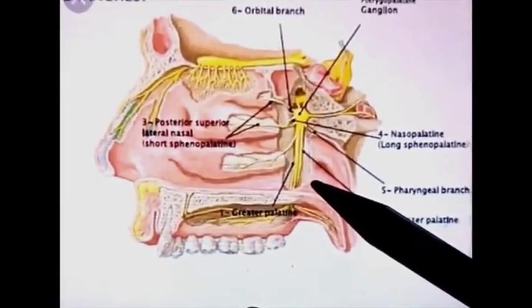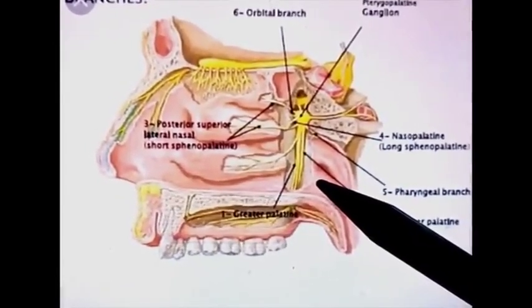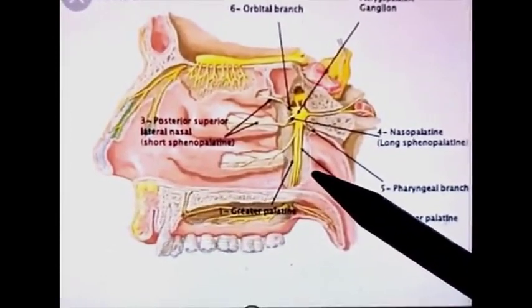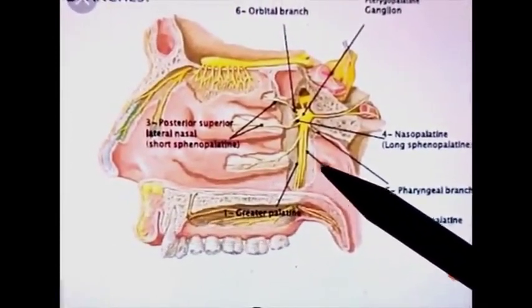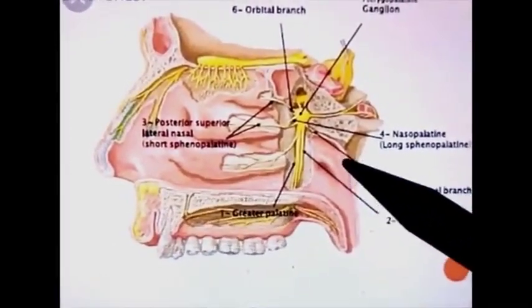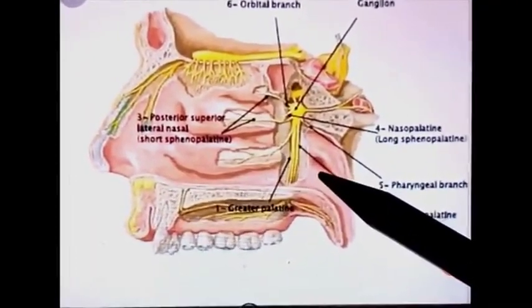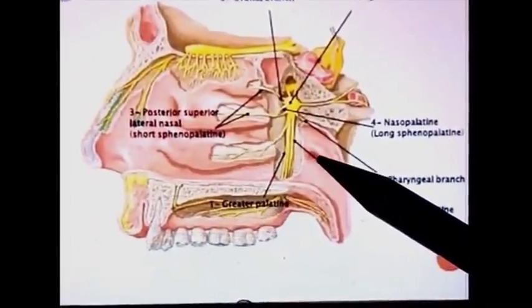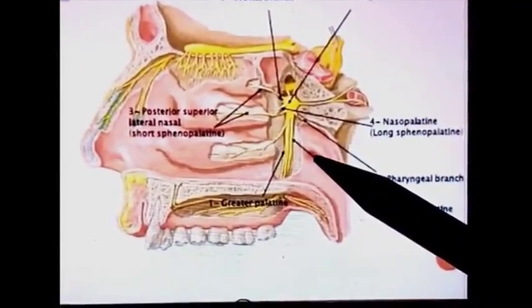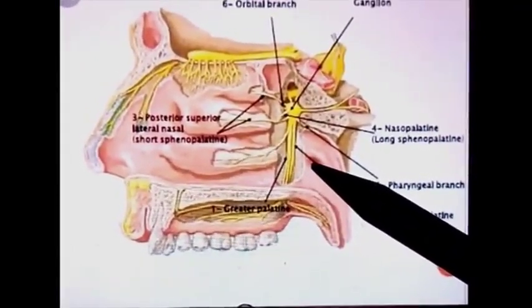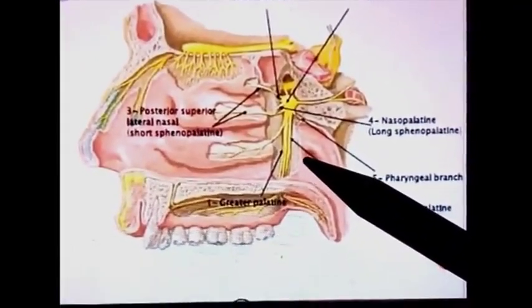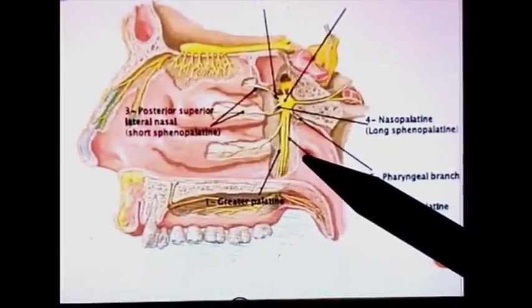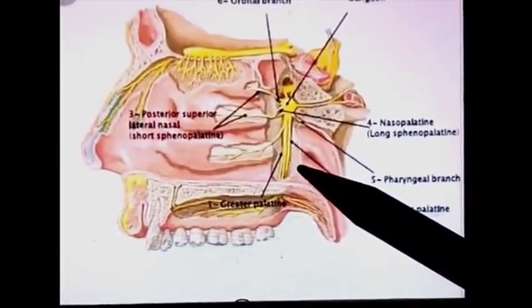So that is why the ganglion is known as the ganglion of hay fever. Hay fever is also known as allergic rhinitis. It is caused by cold-like signs and symptoms such as runny nose, itchy eyes, and sneezing, etc.